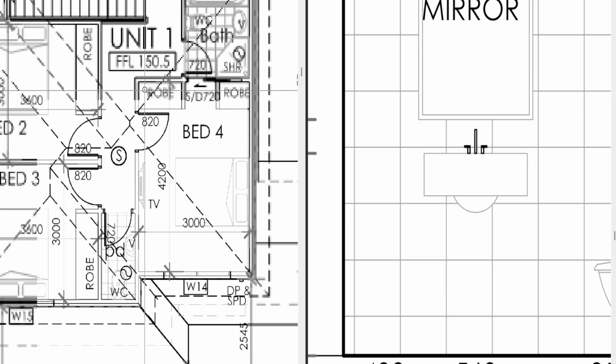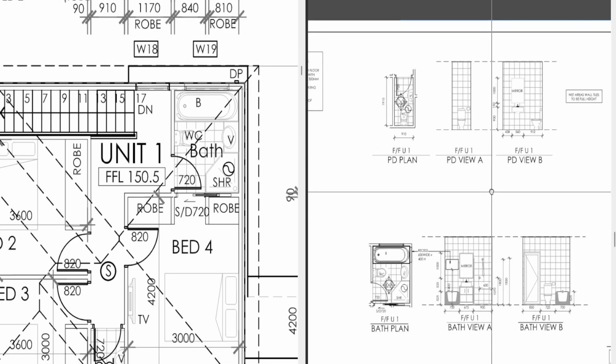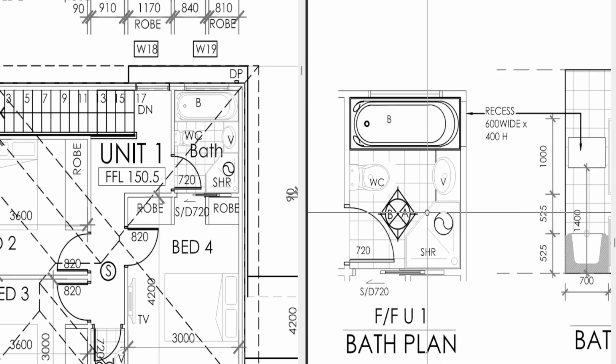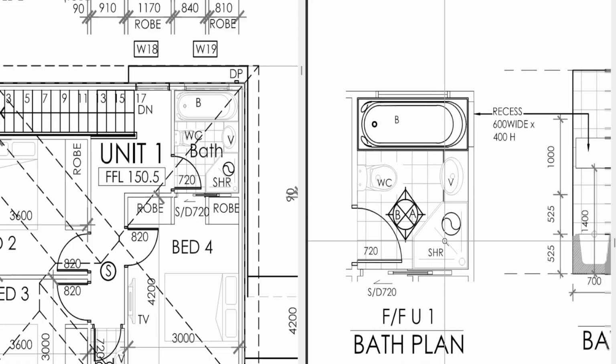Now we will go to the bath area. Here we have this bath plan, with elevation A and elevation B. Elevation A shows us the tile shower and the tapware used here, and elevation B shows this side.